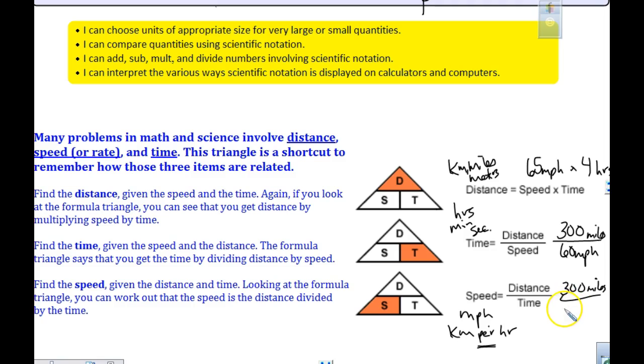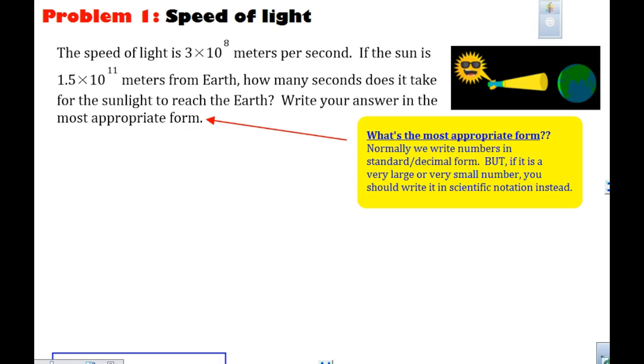And this time it took me 10 hours. There was a blizzard, right? That 300 miles took me 10 hours to drive. I was going pretty slow, right? My miles per hour, I was only going 30 miles an hour on average if I was looking at that, right? So when we think about these different problems, we're going to read our problems, our stories here.